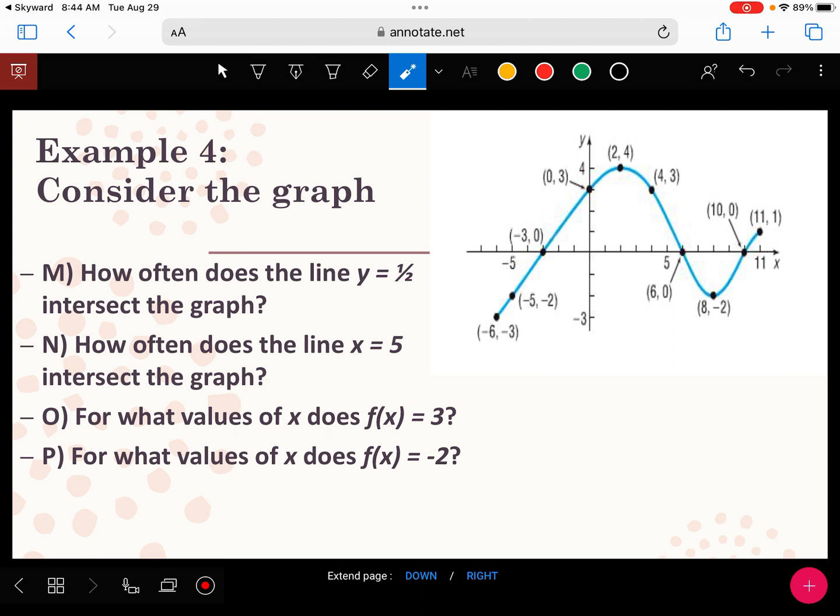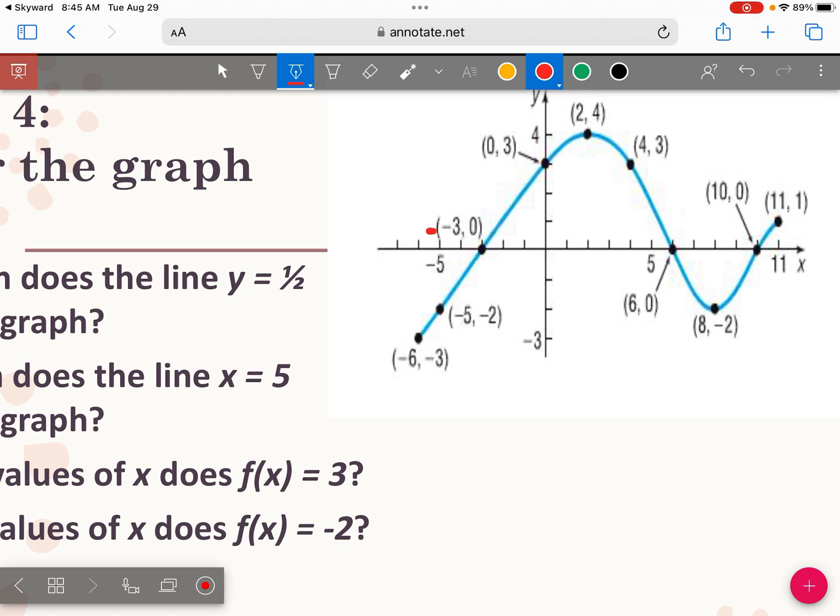Okay, so we only have about 10 minutes, so I'm going to go ahead and finish this out. If you drew a horizontal line at y equals 1/2, how many times would it cross through the graph? I'm going to just draw that line in.